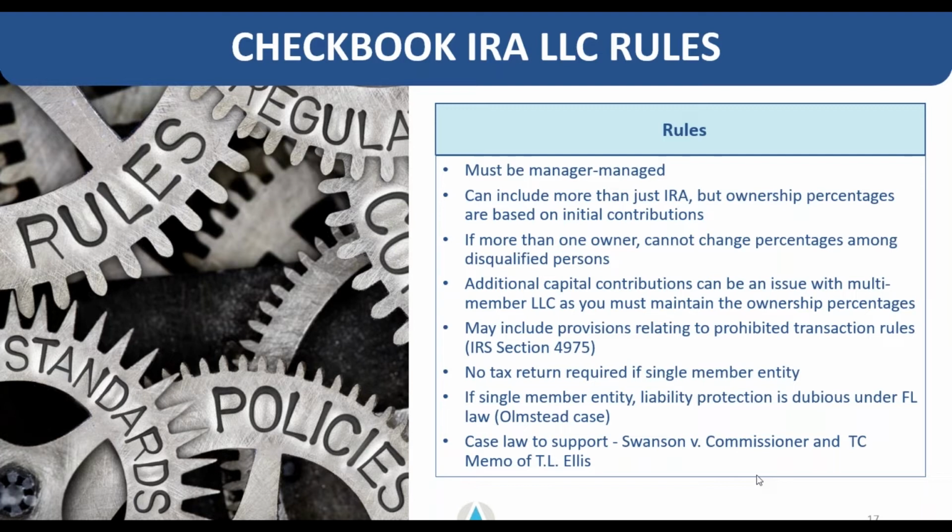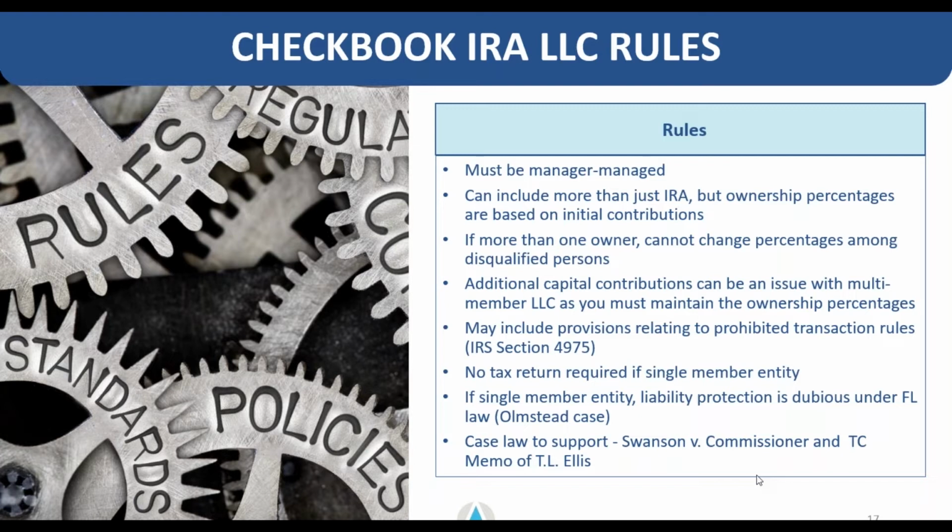Now, with regard to case law that establishes the ability for an IRA to own an LLC or to own a trust, there's two big cases that people like to point to: Swanson v. Commissioner of 96 and the tax court memo of T.L. Ellis from 2013.